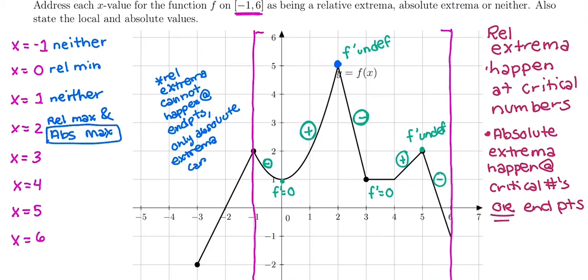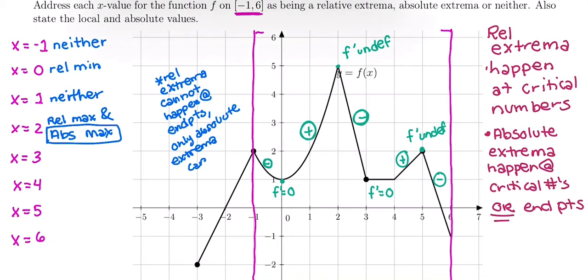That's the bigger solution there, because you can have several relative max, but there's only one absolute highest y value, and that one is it. So it happens at that critical number.